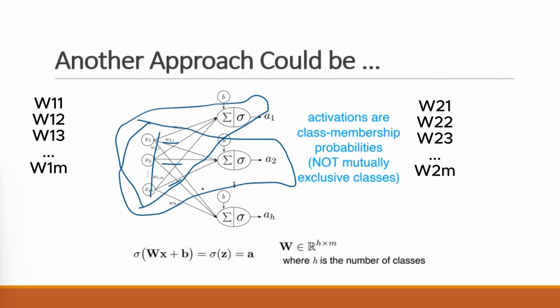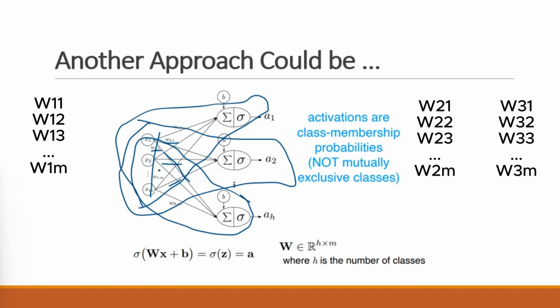And then there's the third model here. For that, we also have a weight vector. We can write it as w31, w32, w33, and so on. So if I call this weight vector w1, this w2, and this w3, I now have three weight vectors.